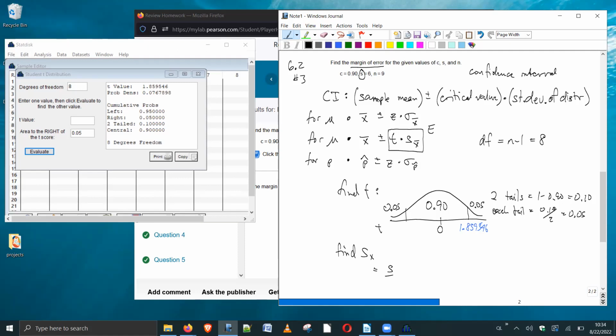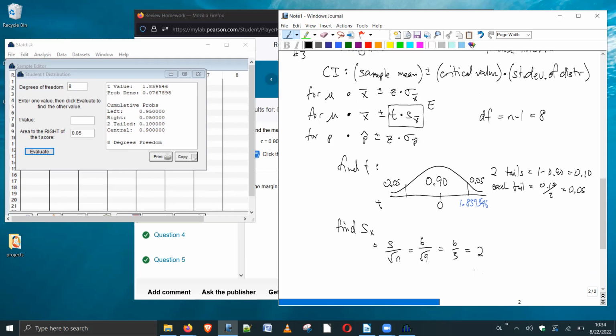That's just by the formula s divided by the square root of n. They tell us s is 6, divided by the square root of 9. Well, that's just 6 over 3, so that's just 2. That was the easy part. And now to find the margin of error, it's t times sx bar. So E equals t, which was 1.859546, times sx bar, which is 2.